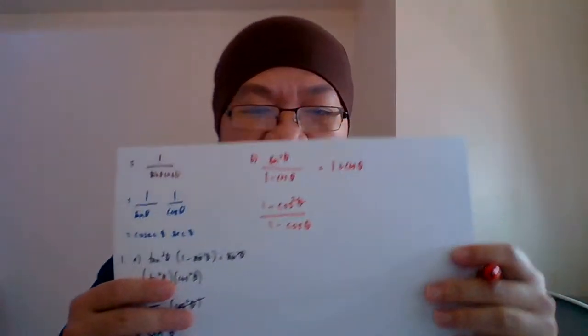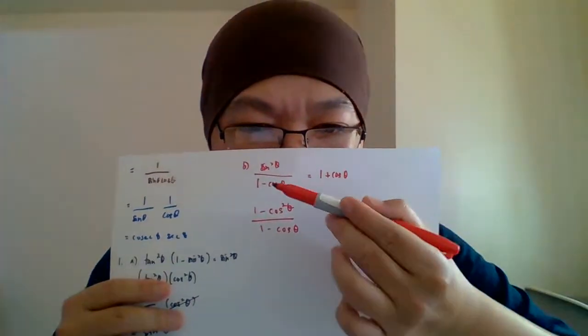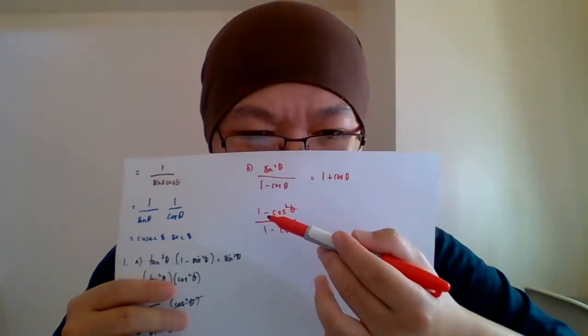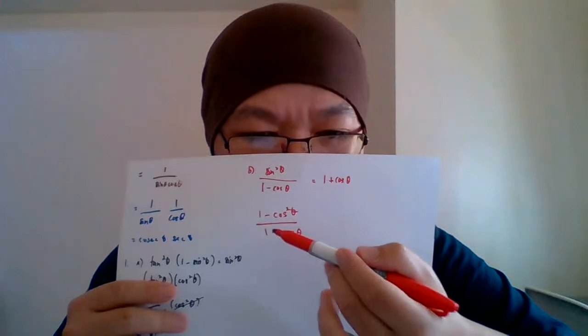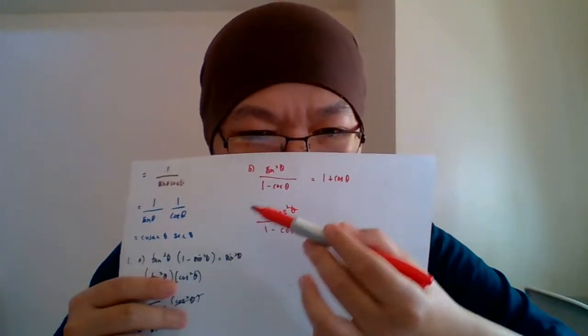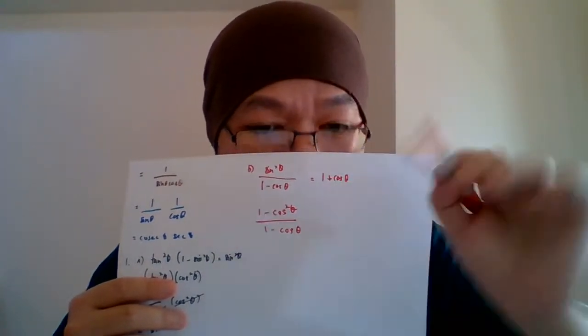Okay, we will get it like this. So the sine squared theta actually equals 1 minus cos squared theta over 1 minus cos theta. Okay, does this equation equal this equation? Not yet. So from this, what we can do is, on the top is 1 minus cos squared theta. 1 minus cos squared theta actually equals 1 squared minus cos squared, right?